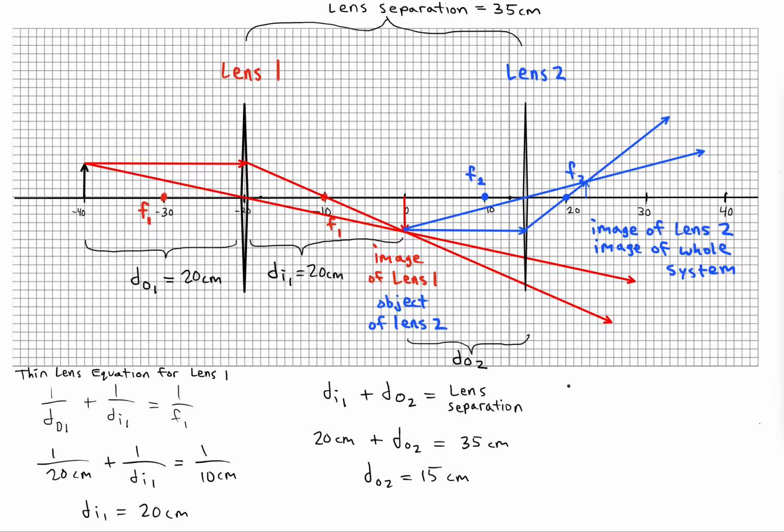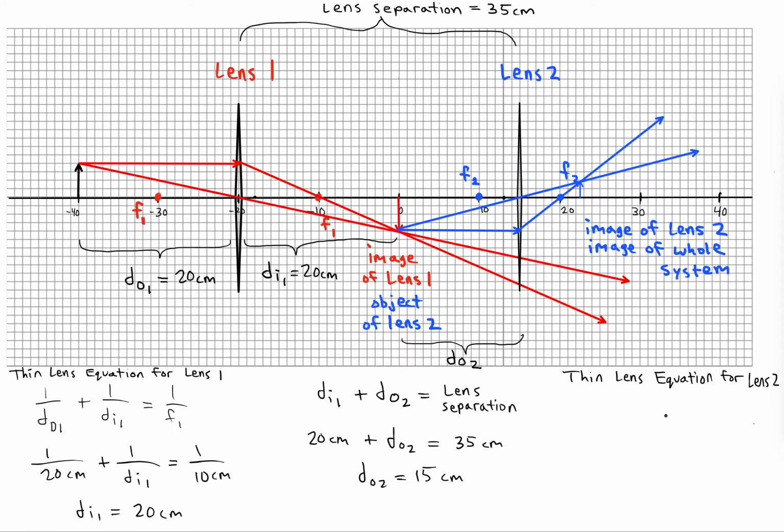Alright, now that we have that, let's do a thin lens equation for lens 2. So we'll have 1 over dO2 plus 1 over di2 equals 1 over f2.